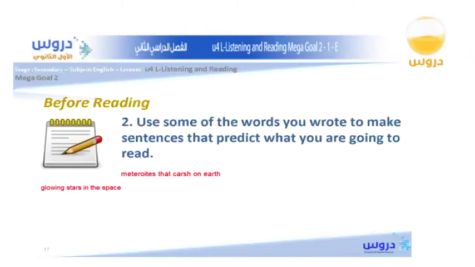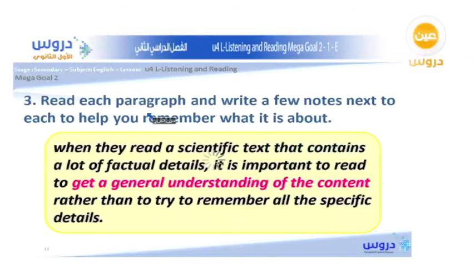So let's read to see whether our prediction is right or not. Read each paragraph and write a few notes next to each to help you remember what it is about. For example, when you read a scientific text that contains a lot of factual details, it is important to read to get a general understanding of the content rather than trying to remember all the specific details.